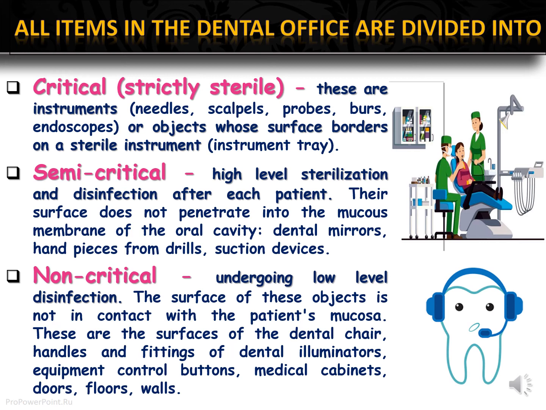And in the non-critical zone, we use low-level disinfection. In this zone, you see the dental chair, dental illuminations, equipment control buttons, medical cabinets, doors, floors, walls, and other parts.